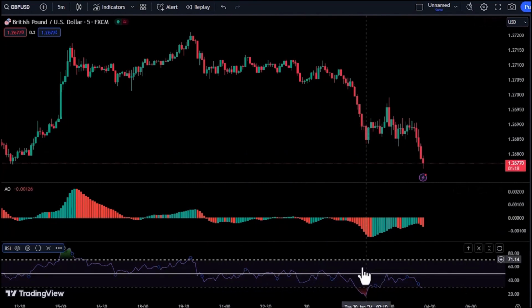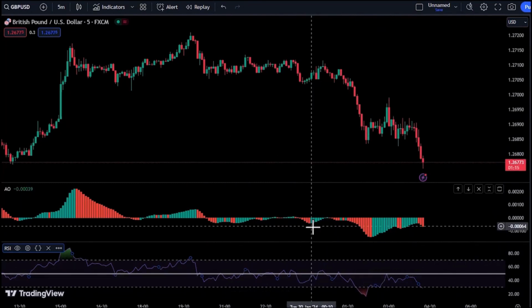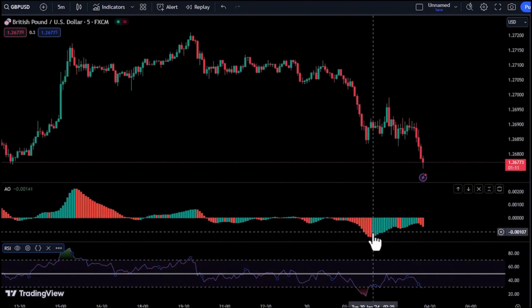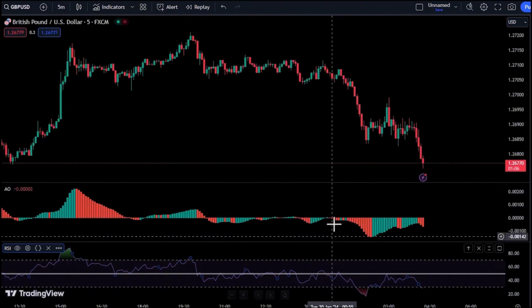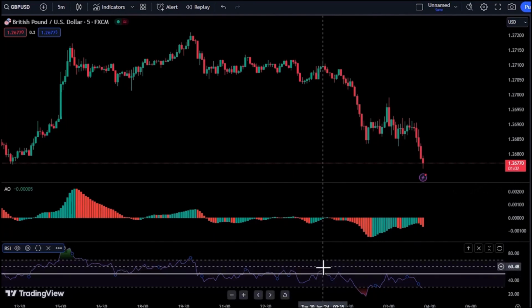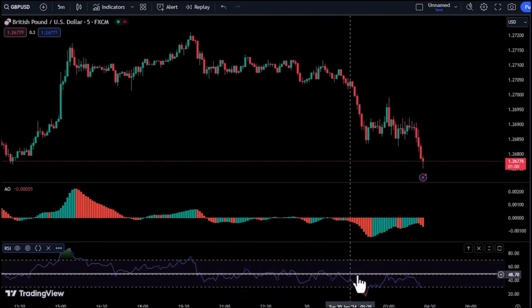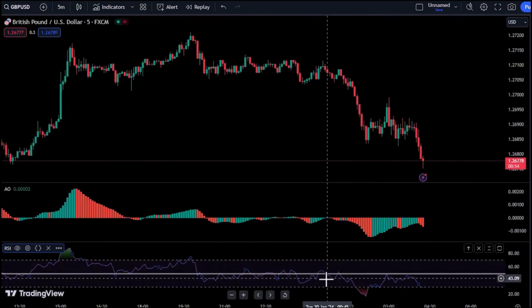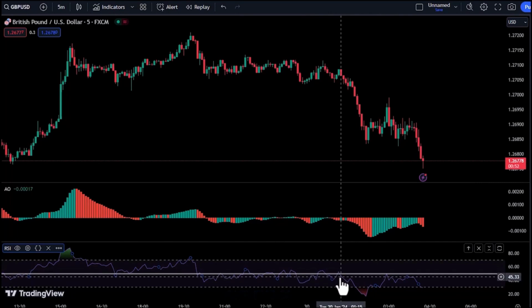So how do we use the RSI? When the bars are below the zero line of the AO, it means the market is bearish for us. And when the RSI goes from above 50 to below 50, like in this area, it is considered a short signal for us, or in this area.